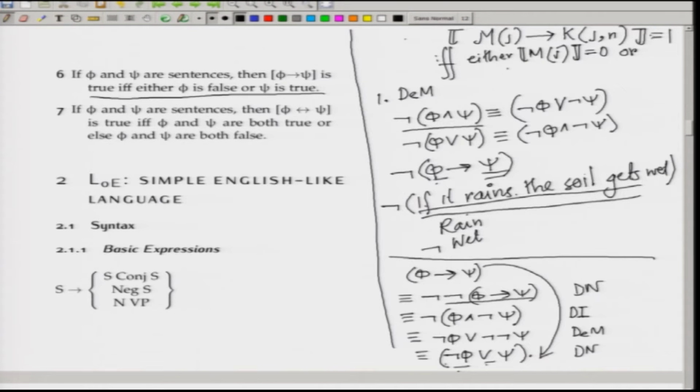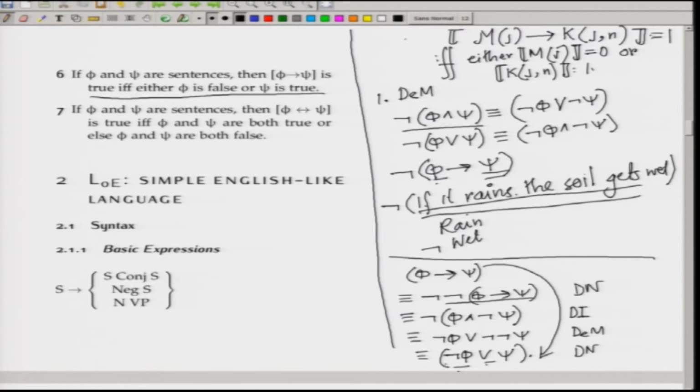What is our xi? That is K, J N is true. So this is what is said in this rule. So I hope we understand what is going on here.